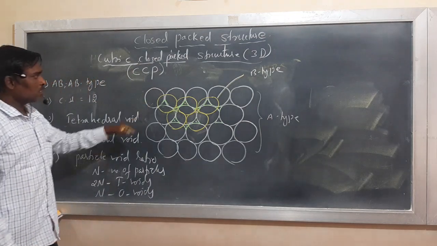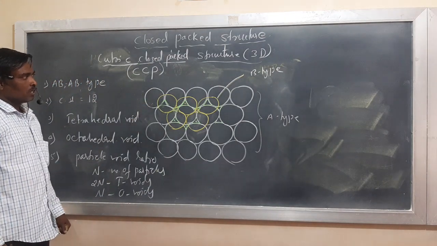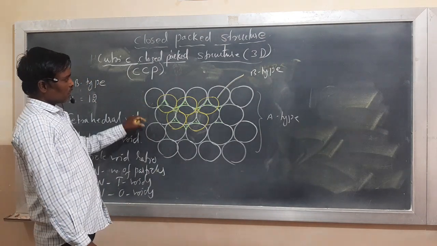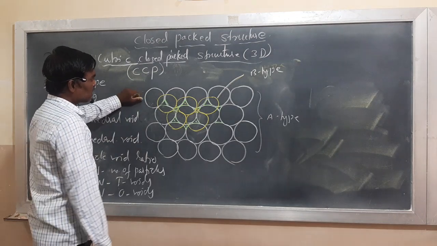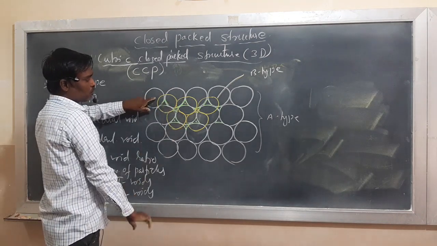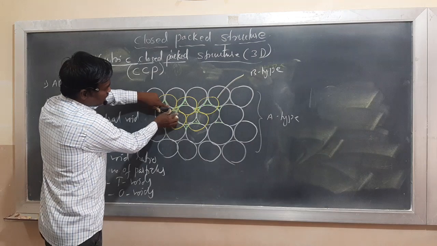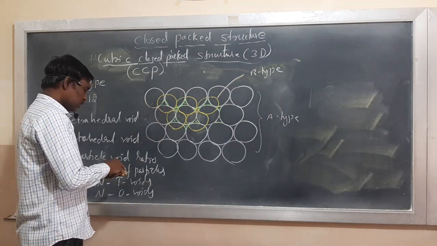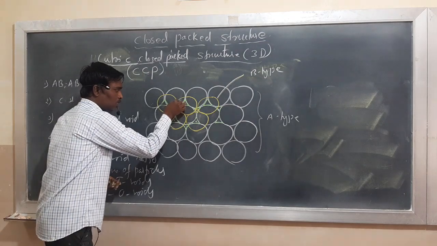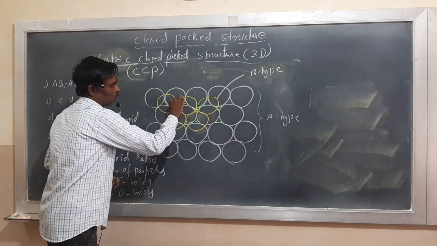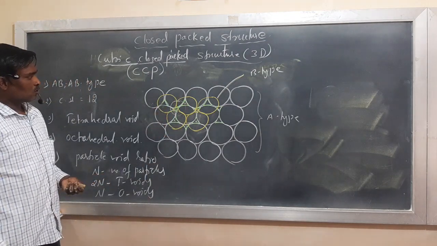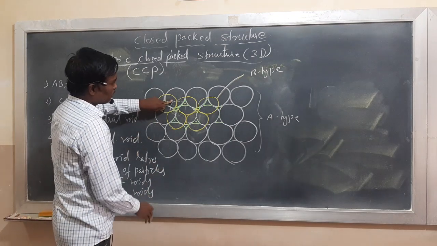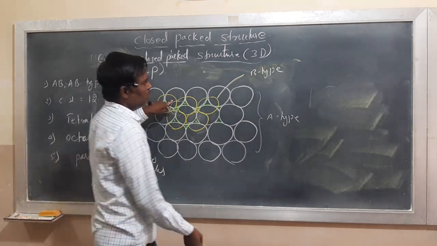In the third layer, the spheres are placed so that the next layer covers the B type of voids formed in the first layer. That means the third layer is placed on the B type of voids formed. So that arrangement is different.